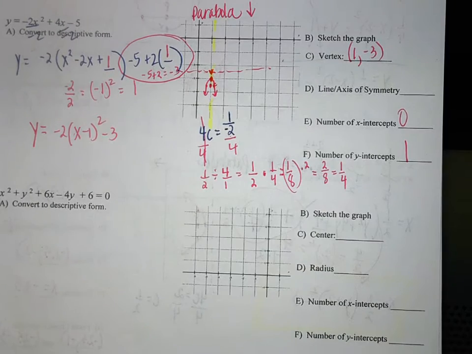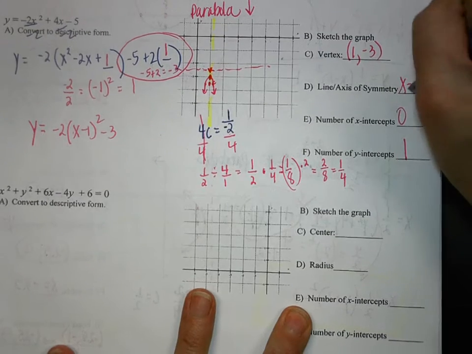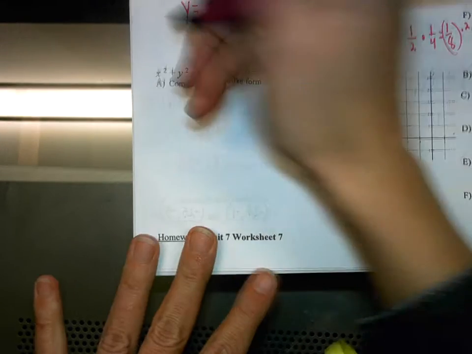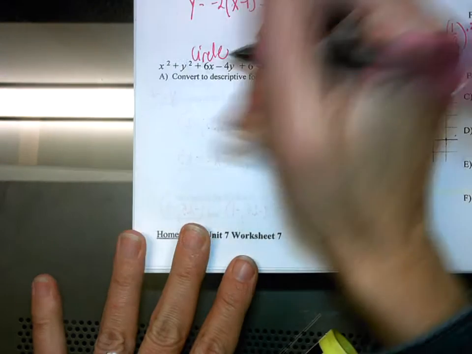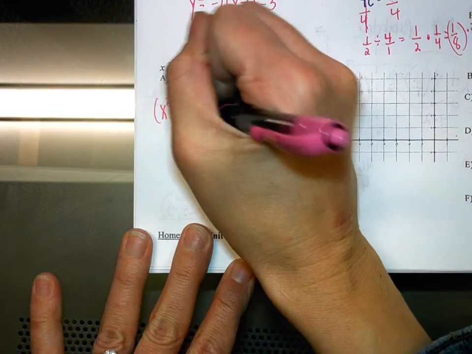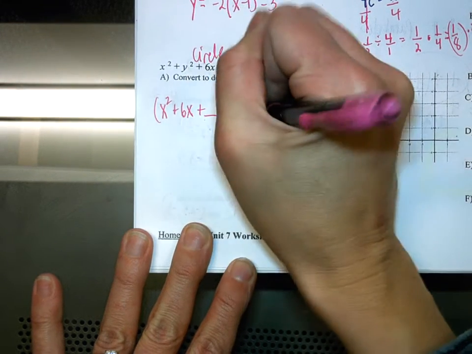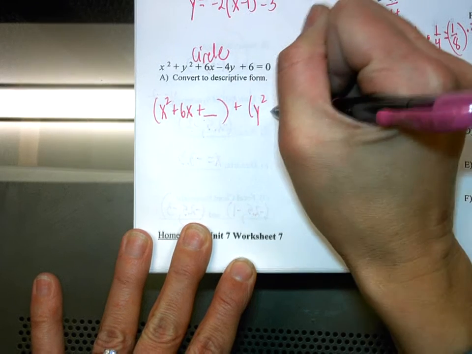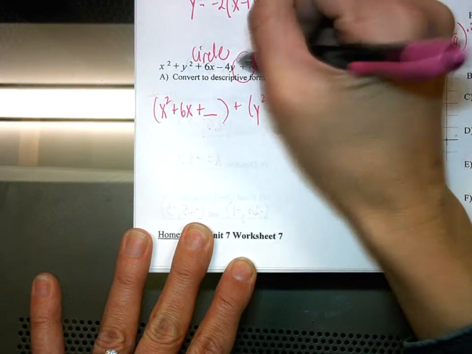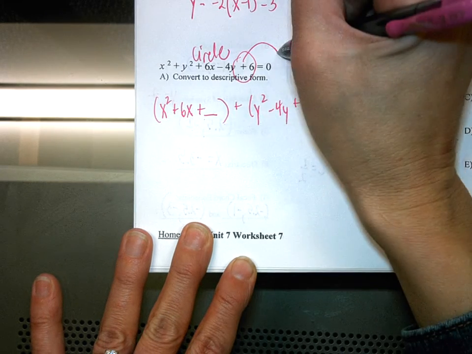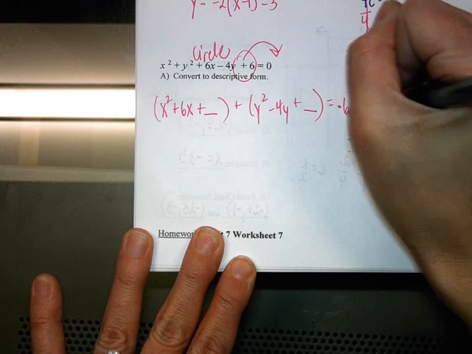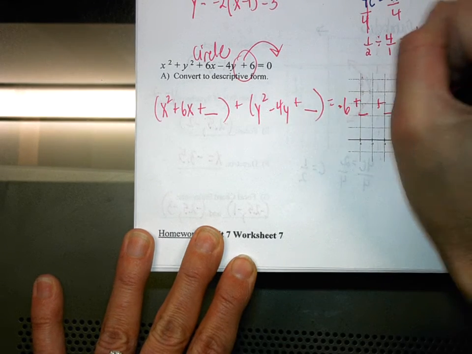Okay, we are going to try to do one last problem. What type of graph is this one going to be? Circle. Okay, how do you know it's a circle? 2 squared terms. So we're going to write this out as x squared plus 6x plus blank plus y squared minus 4y plus blank equals, we take the 6 to the other side, which makes a negative 6, and we need 2 blanks.